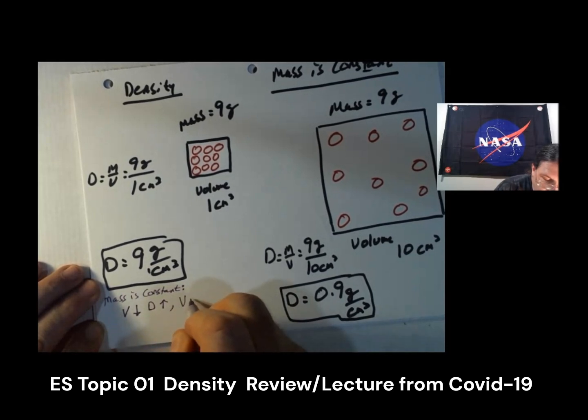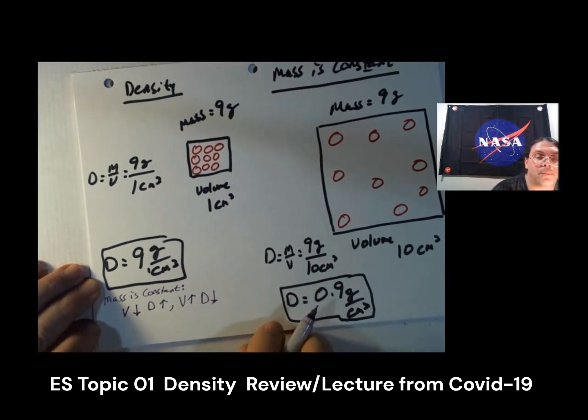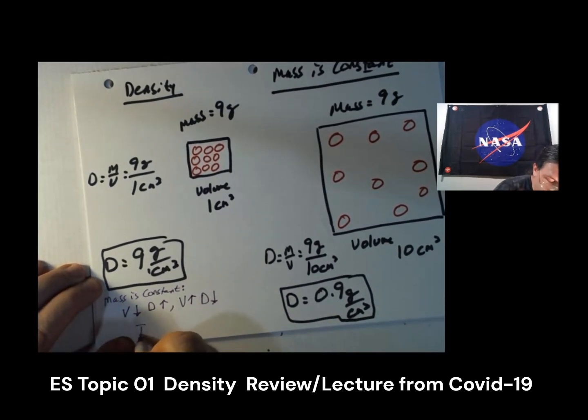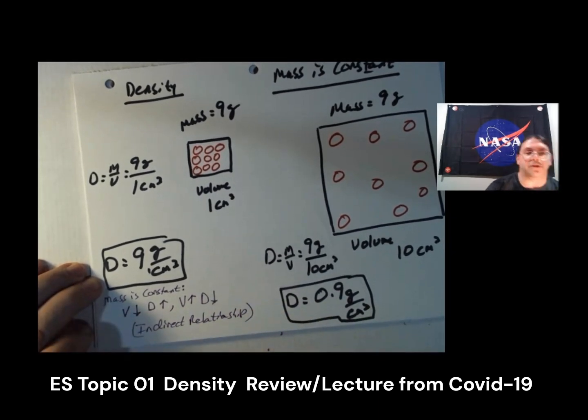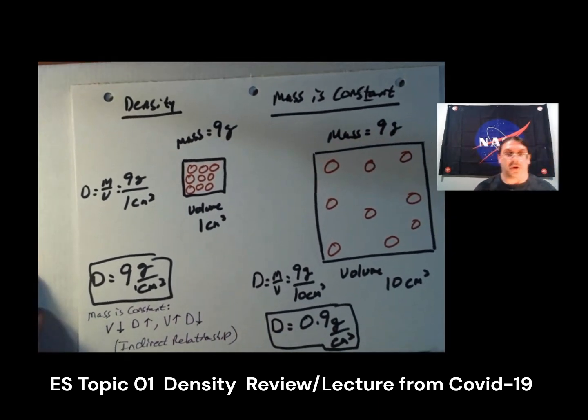If your volume goes up, your density will go down. This is called an indirect relationship. Indirect relationship with the two.